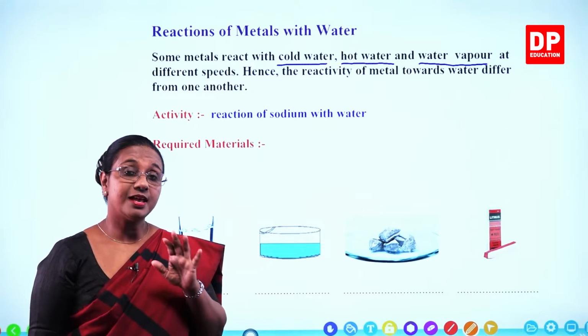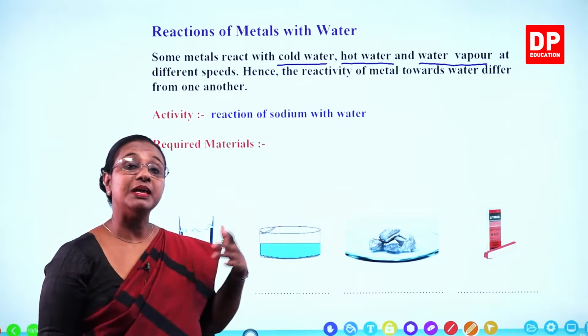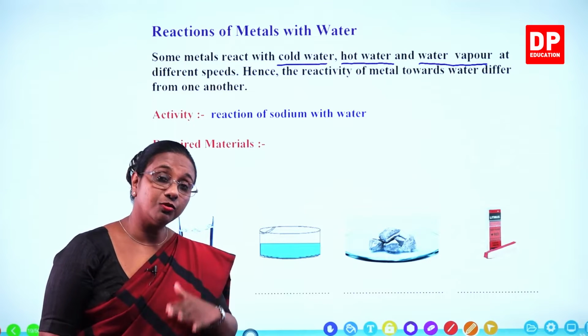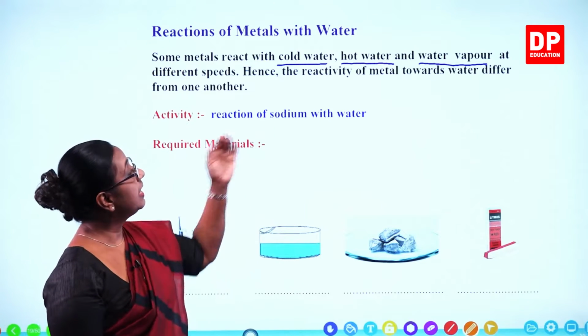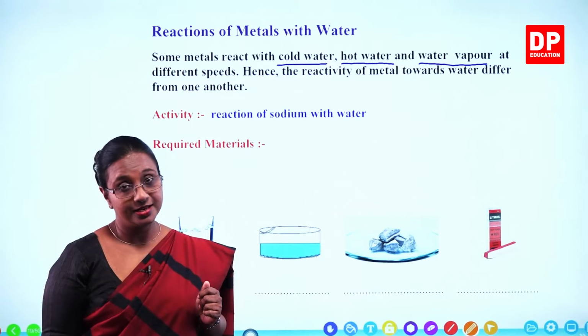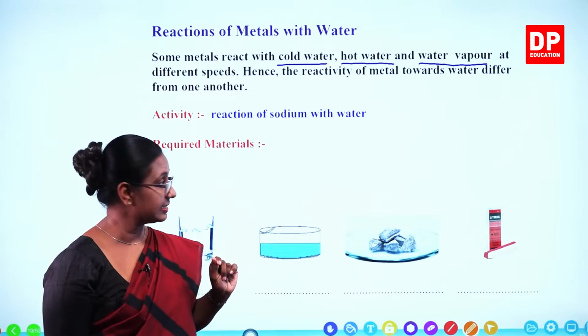So there are some metals that do not react with cold water may react with hot water. The ones who do not react with cold water and hot water may react with water vapor because it has more heat energy. So that is why we need to consider all three instances.